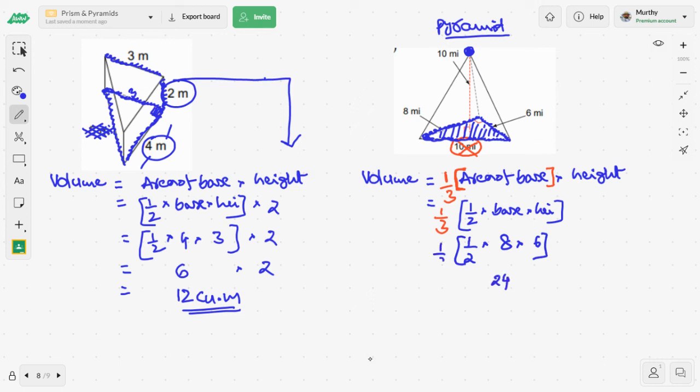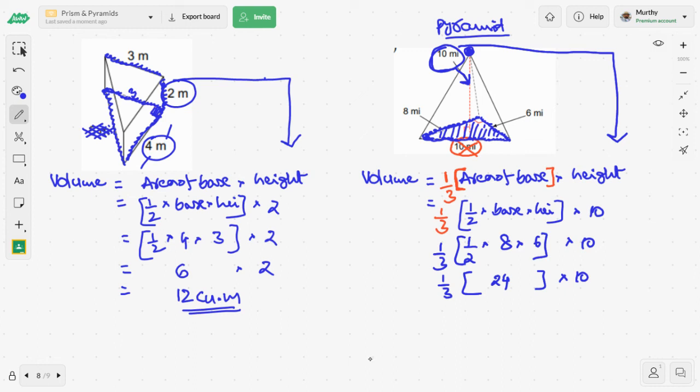Let me bring it down: 1/3 times 24. And the height is given as 10 miles. Is it miles? Okay, so it's 8 times 10. Make use of a calculator. You'll end up with 80 cubic units.